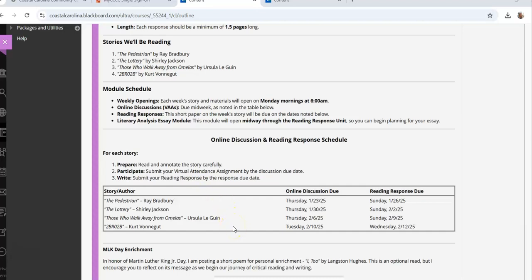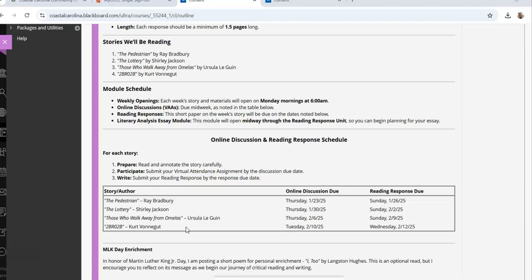The Ones Who Walk Away from Omelas by Ursula Le Guin, and then To Be or Not, that zero is not to be, that you might recognize as a play on Shakespeare's Hamlet, by Kurt Vonnegut. Or if you really want, you can write about the Frost poem. So by the time you're getting ready to really write your paper, you'll have already done the heavy lifting in terms of thinking about the story.